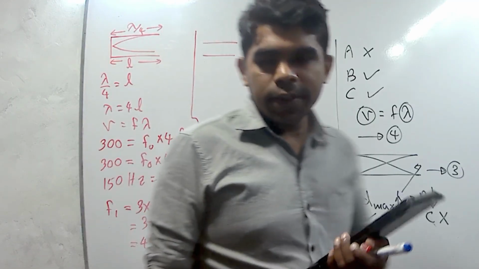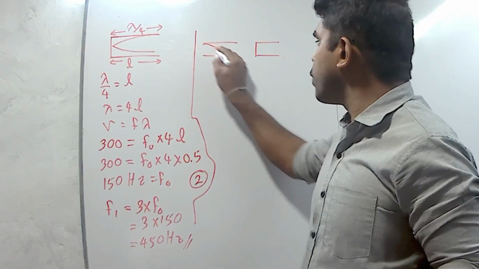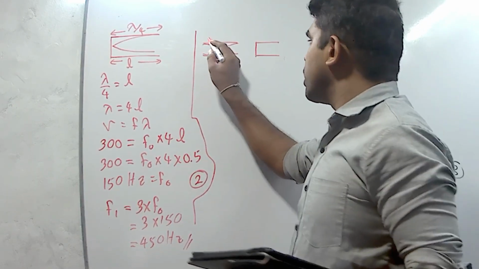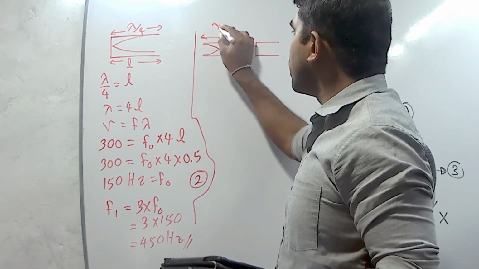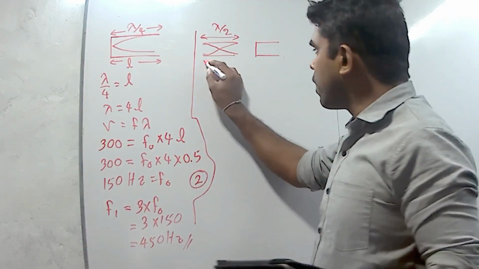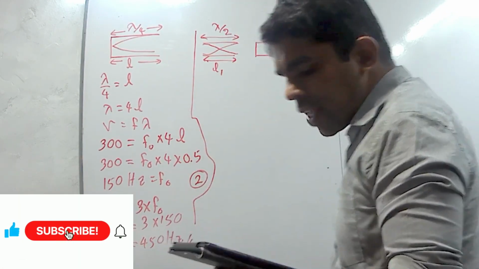We know that the fundamental of the open tube has a wave pattern like this. Then there is one loop. One loop means lambda over 2, half of the wavelength. It should be equal to the length of the tube. I will consider it as L1.